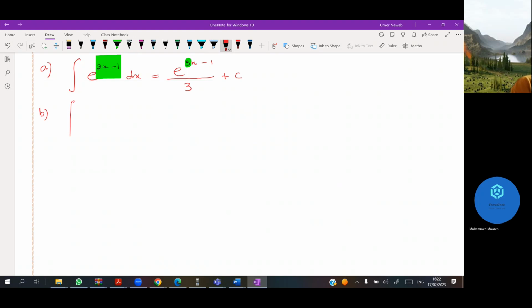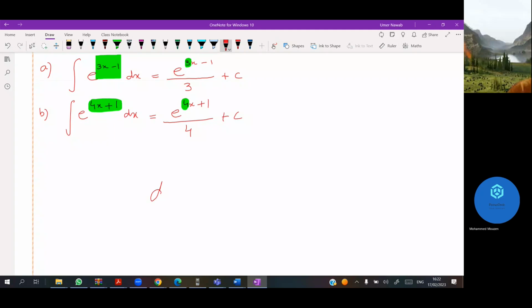Part B: the integration of e raised to power 4x plus 1. Again, he has given you an exponential function with a linear expression in the power of e. So we write e raised to power 4x plus 1, and the coefficient of x is 4, so we divide the whole expression by 4.